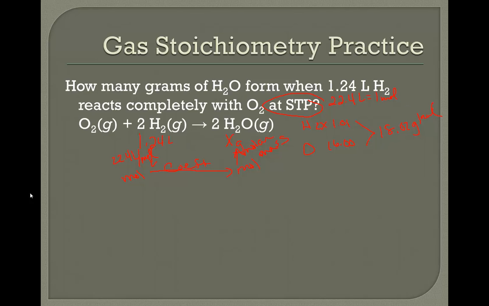So 1.24 liters over 1 of H2. Liters on top, so I want to put liters on the bottom. 1 mole H2. 2 moles of H2. Now we're in the coefficients area. There's a coefficient, and we have 2 moles of H2O.